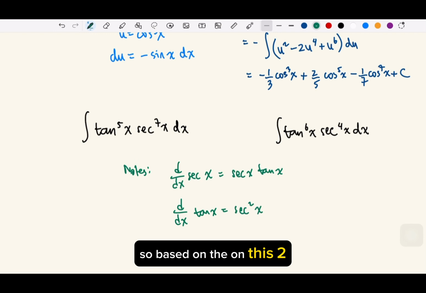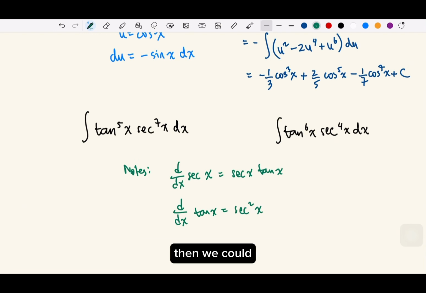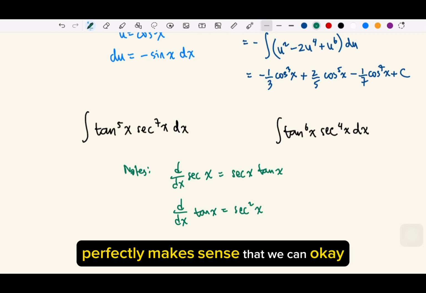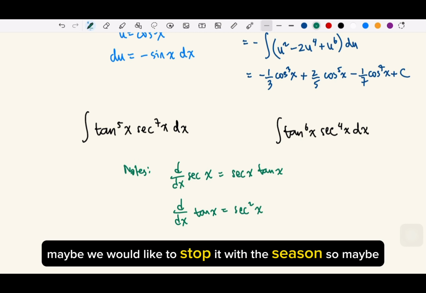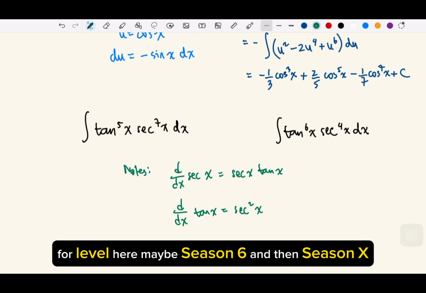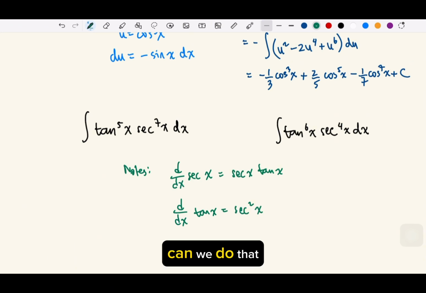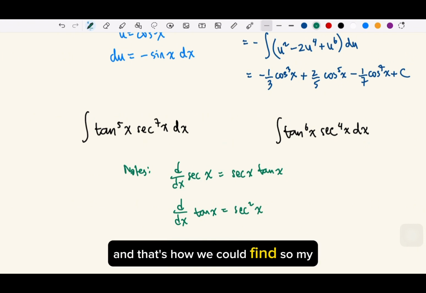So based on these two, we could arrange our integrations to see which one perfectly makes sense. Maybe we would like to substitute the secant. So maybe, for example, here, secant 6 and then secant x. Can we do that? And then we try this part also. Can we do that? And that's how we could find it.